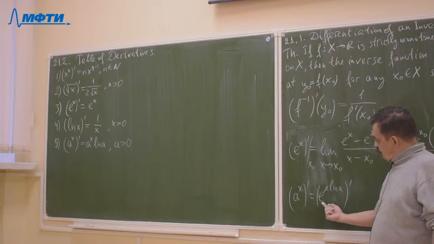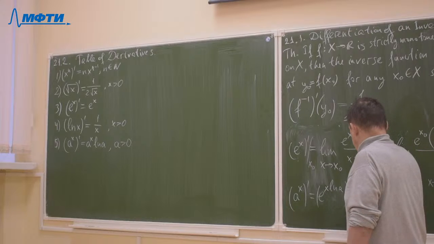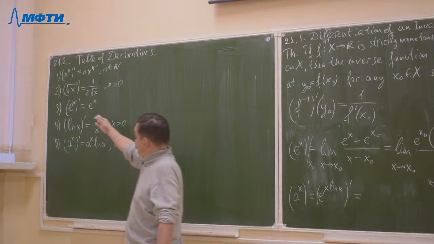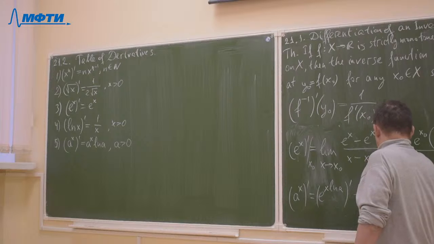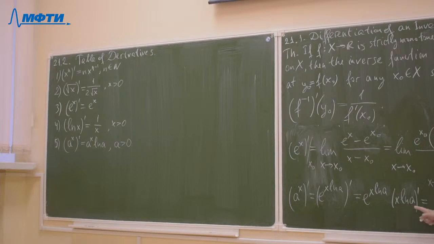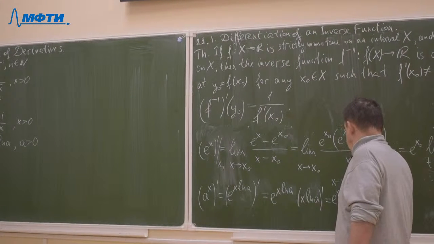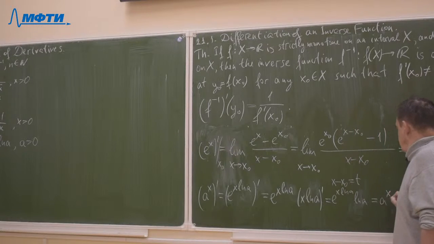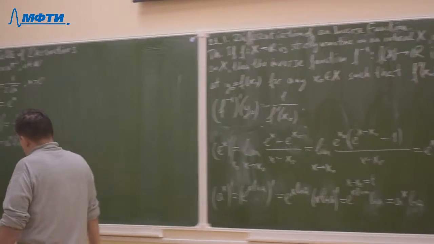So we take the derivative of the exponent, which is the exponent itself, times (x logarithm a) prime, and here we have a constant multiplier, so just the multiplier remains, and e to the power (x logarithm a) is a to the power x. That gives the equality.